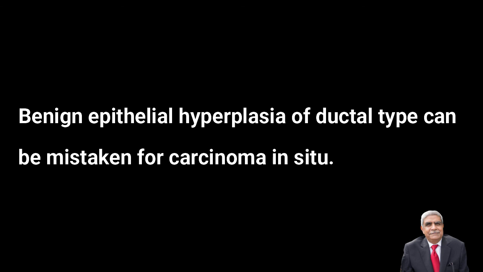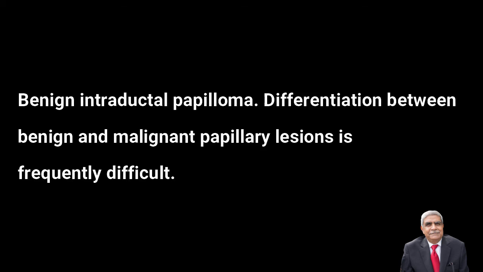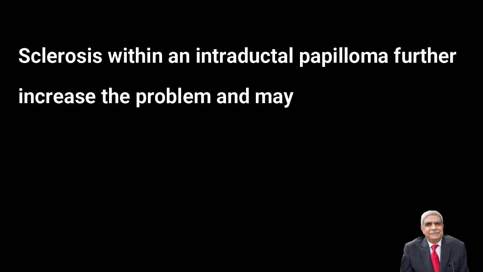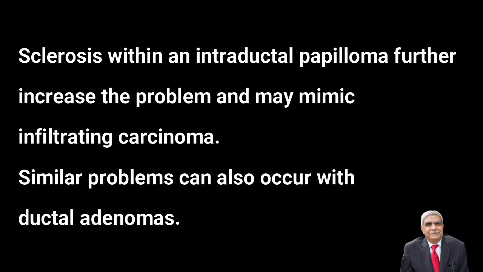Benign epithelial hyperplasia of duct type can be mistaken for carcinoma in situ. Benign intraductal papilloma: differentiation between benign and malignant papillary lesions is frequently difficult. Sclerosis with an intraductal papilloma further increases the problem and may mimic infiltrating carcinoma. Similarly, problems can occur with ductal adenomas.